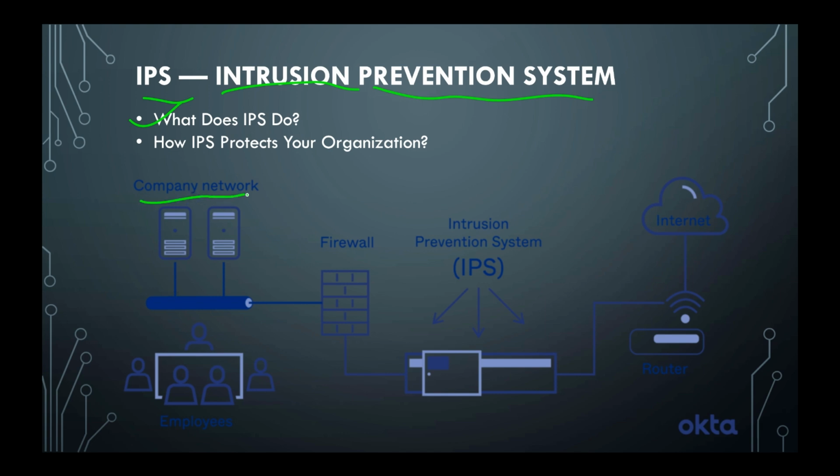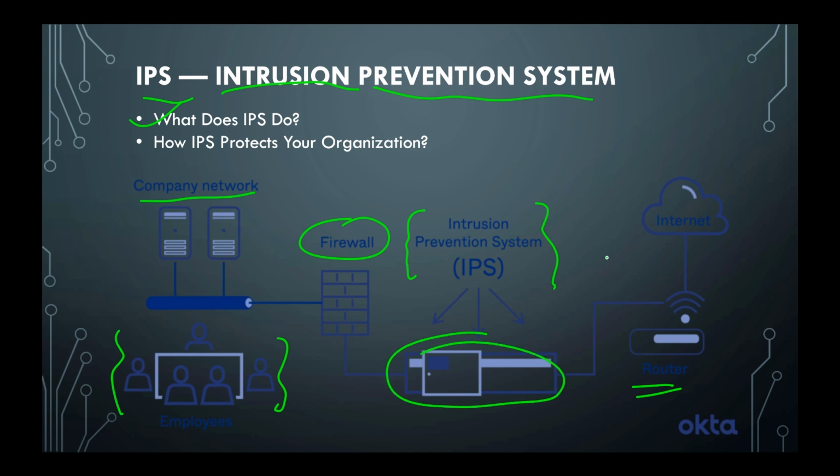So here you can see the company network. Here we have all the employees, and here we have the firewall, and then the IPS sensors, and here we have routers. So it will work with the firewall and stop the attack. Types of IPS: NIPS, network intrusion prevention system.